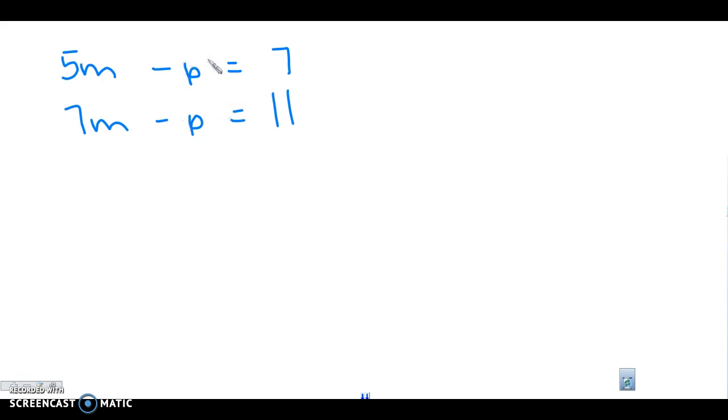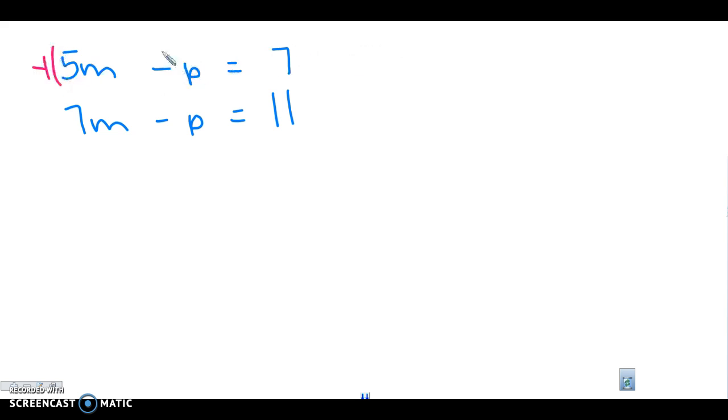You see that both of these p's are by themselves, but they're both negative, which is not ideal because if I add down, they will not cancel out. So this is where we have the subtraction side, except not really, because remember, there is no such thing as subtraction. It's merely adding a negative. I'm going to make my life a little easier, I'm going to multiply this one through by a negative.